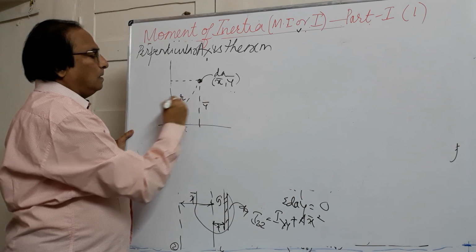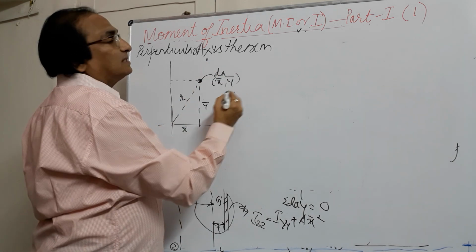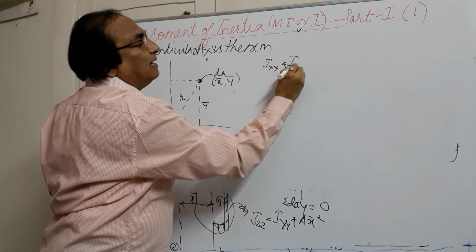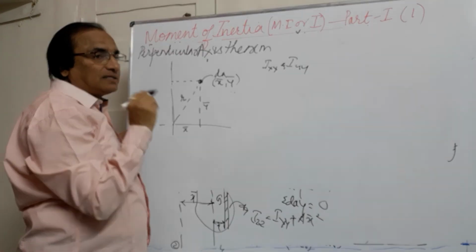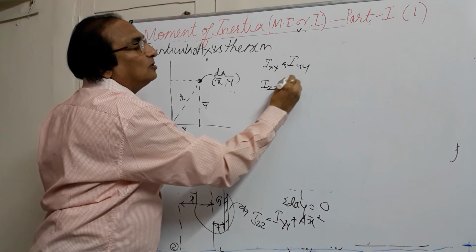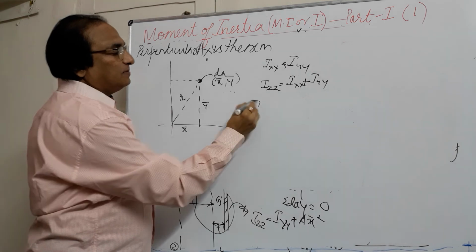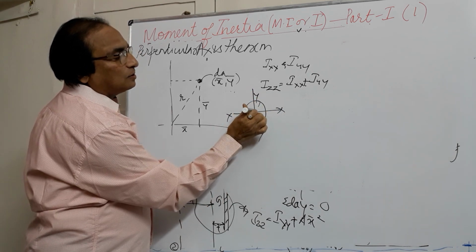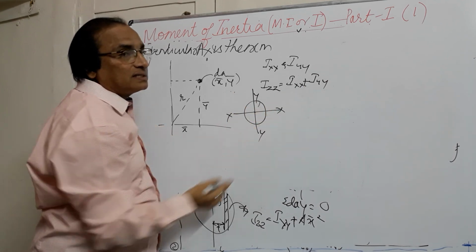The theorem states that if Ixx and Iyy are the moment of inertia of the body about the x-axis and y-axis passing through the centroid, then the moment of inertia about the z-axis is given by Ixx plus Iyy. Suppose I take a body, this is xx, this is yy, and perpendicular to the board will be zz. So Izz is given by Ixx plus Iyy.